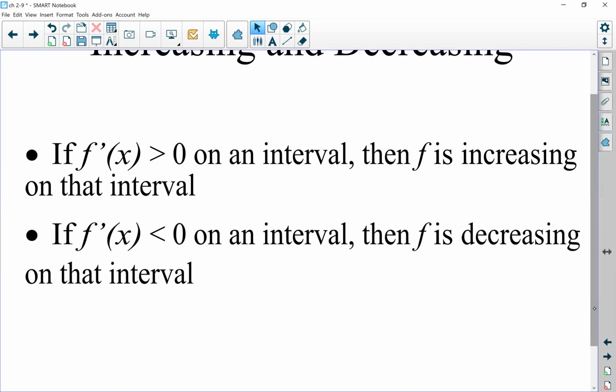And I write these as if-then. It's actually bidirectional, or biconditional. So it's true if we read it front to back, but it's also true the other way around. So if f is increasing, then the derivative is positive. And if f is decreasing, then the derivative is negative. So it works both ways. Not always the case in mathematics, but in this case, it is true.